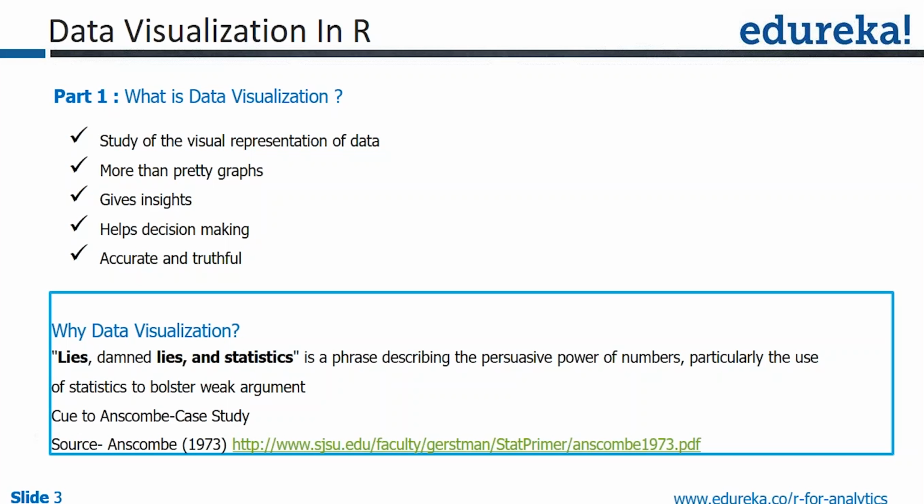You're trying to represent your numbers in a graphical format so that it's easy for the audience. That is your prime objective. And your other prime objective is to bring about interesting insights from your visualization. And these insights should help you make better decisions.